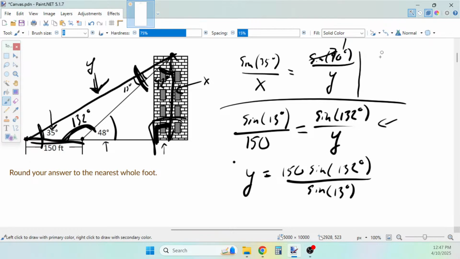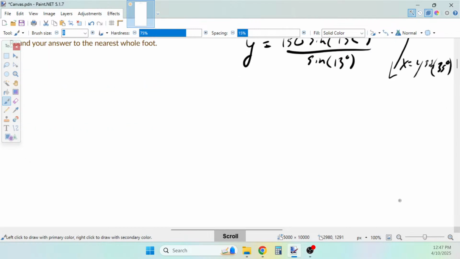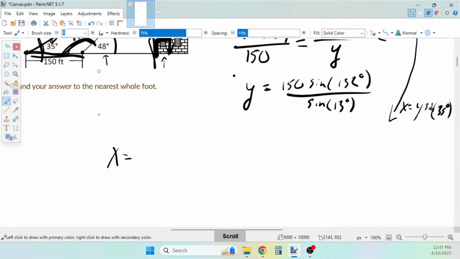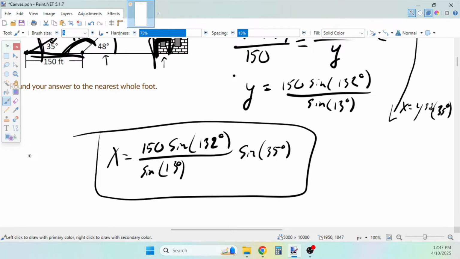Solve this for x. This is going to be our final answer. Plug that into a calculator.